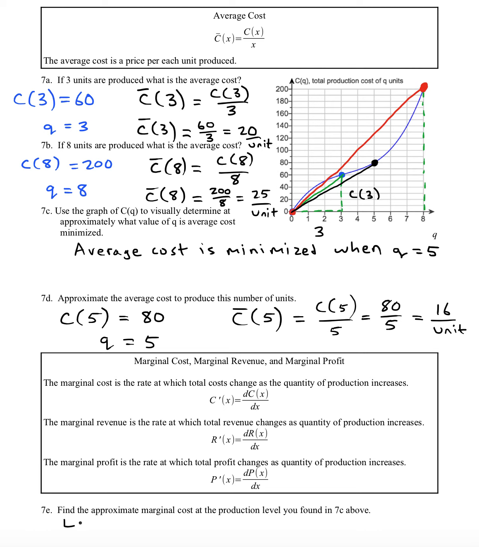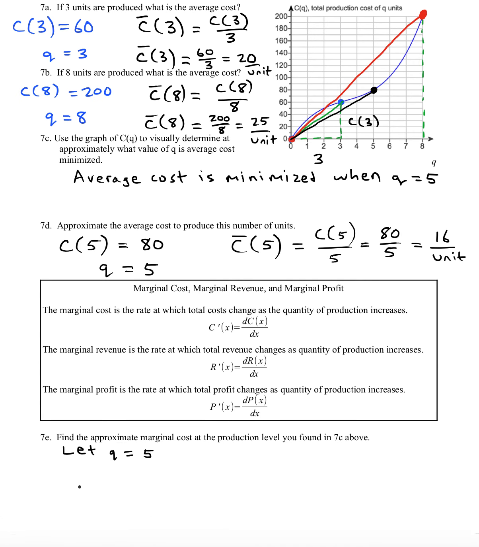So again, we want to let Q equal 5. And remember that we found C bar of 5 to be 16 per unit.